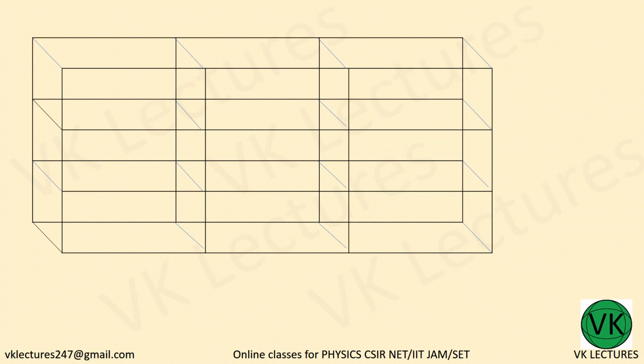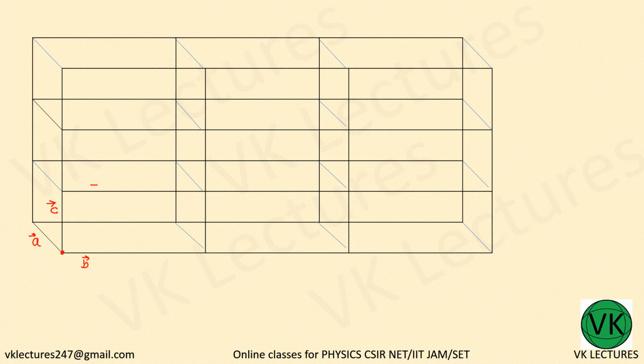Coming to the three-dimensional lattice, we can have this as the center of the lattice, one end of the lattice. Now this is a, here you have b, and here you have c. In all directions x, y and z we have a, b and c.